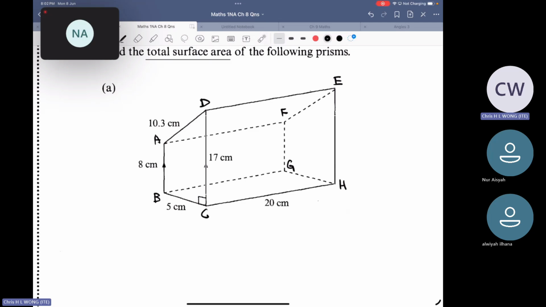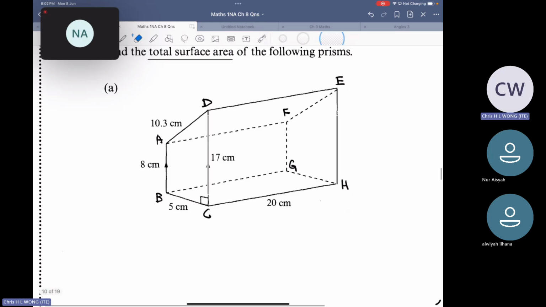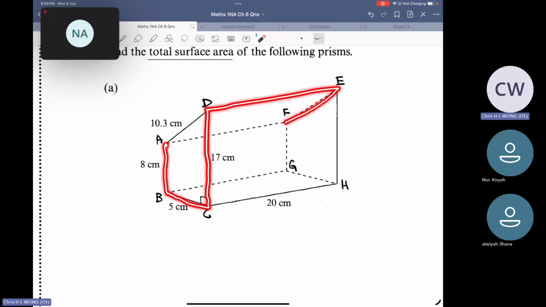I don't jump all over the place. I move around the figure: A, B, C, D, E, F, G, H. Just nice, isn't it? Don't go and name like that.